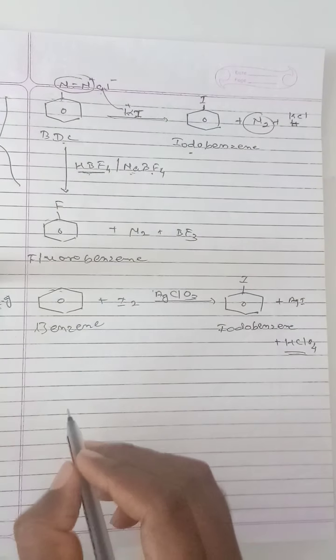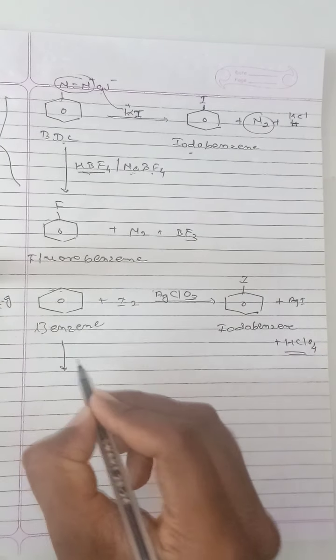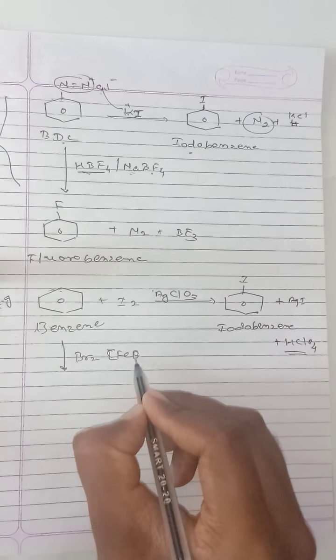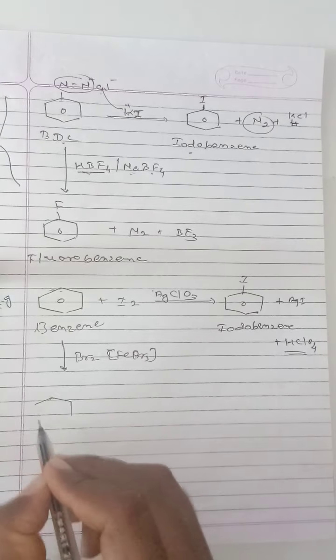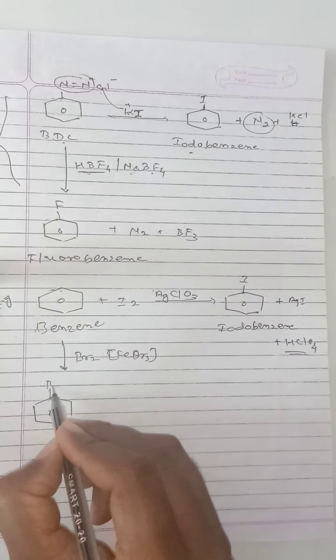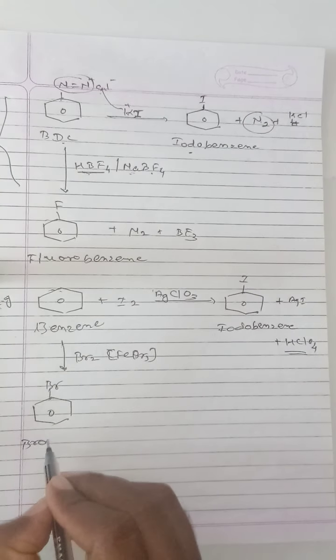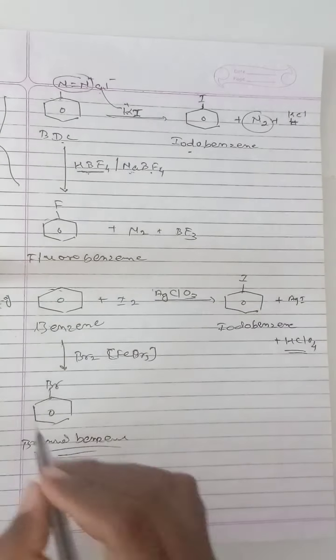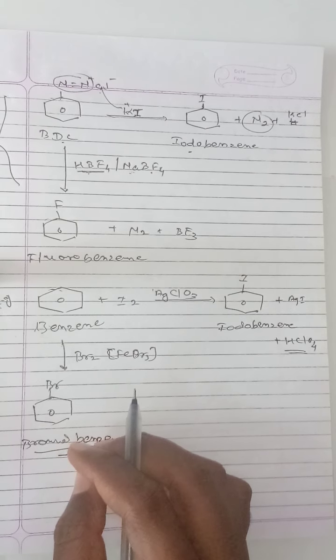Suppose here bromination is carried out in presence of FeBr3, bromobenzene is formed, that we have discussed earlier also.